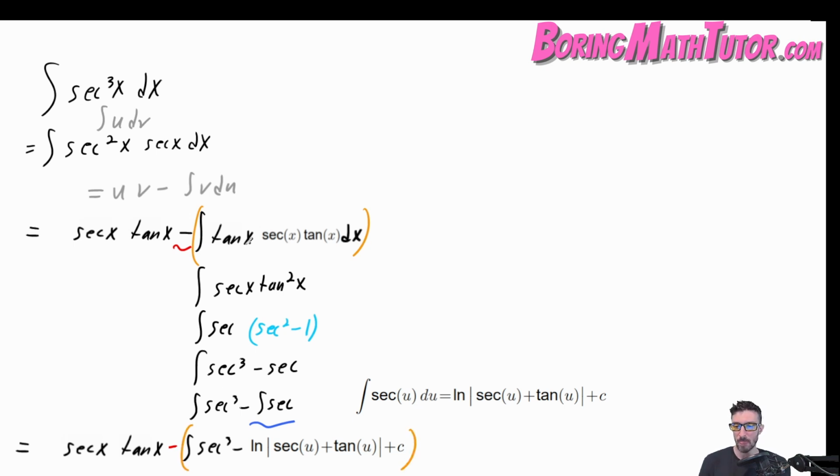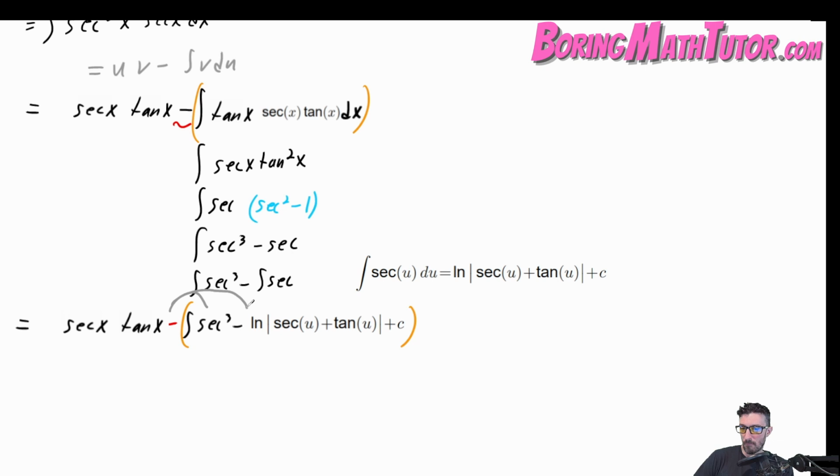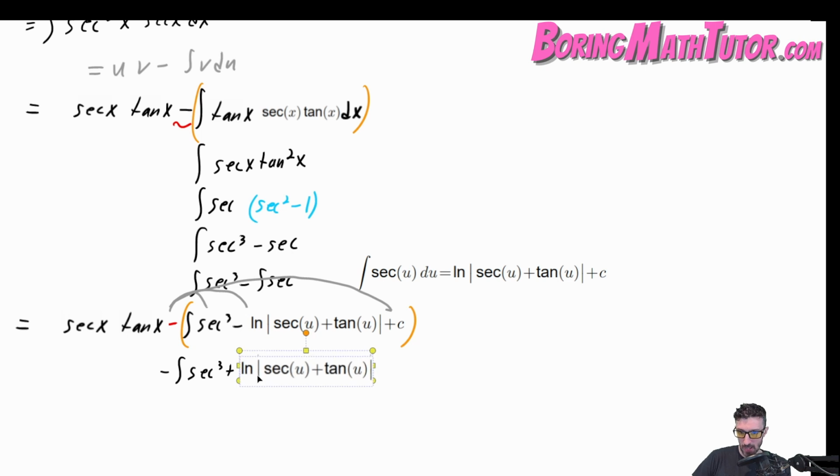So grouping with parentheses reminds you that you do actually need to put parentheses here, because that's what you're minusing, which means that we now have to distribute this minus sign. And that's going to mean you'll have minus integral of secant cubed plus all this ln stuff. And then technically, yeah, it would be minus c, but I'm just going to put that as plus c. That's what you're supposed to do when you're dealing with the arbitrary constant. It's just always going to be plus c at the end anyway.